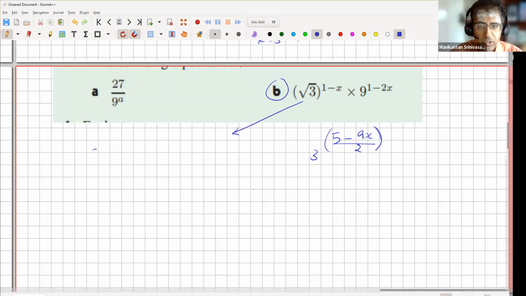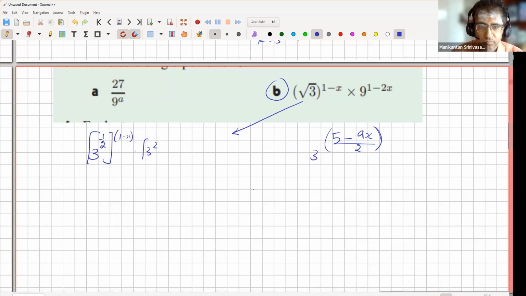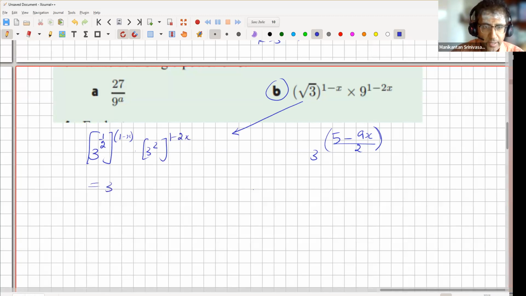So I'll just do it in case. So it's 3 power half whole power 1 minus x into 3 power 2 whole power 1 minus 2x. So we just have to multiply, right? So it's 3 power half minus half x and then plus 2 minus 4x.